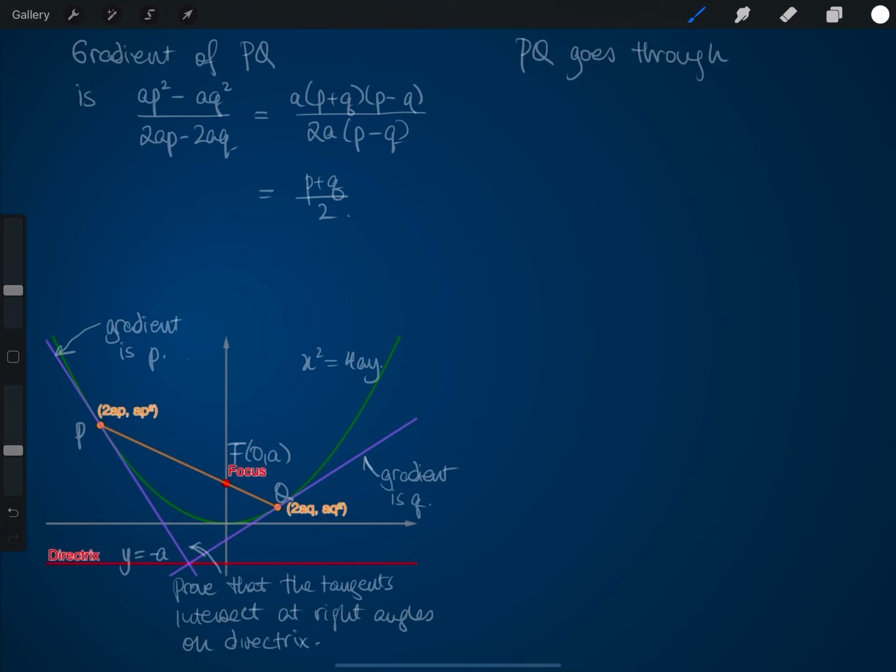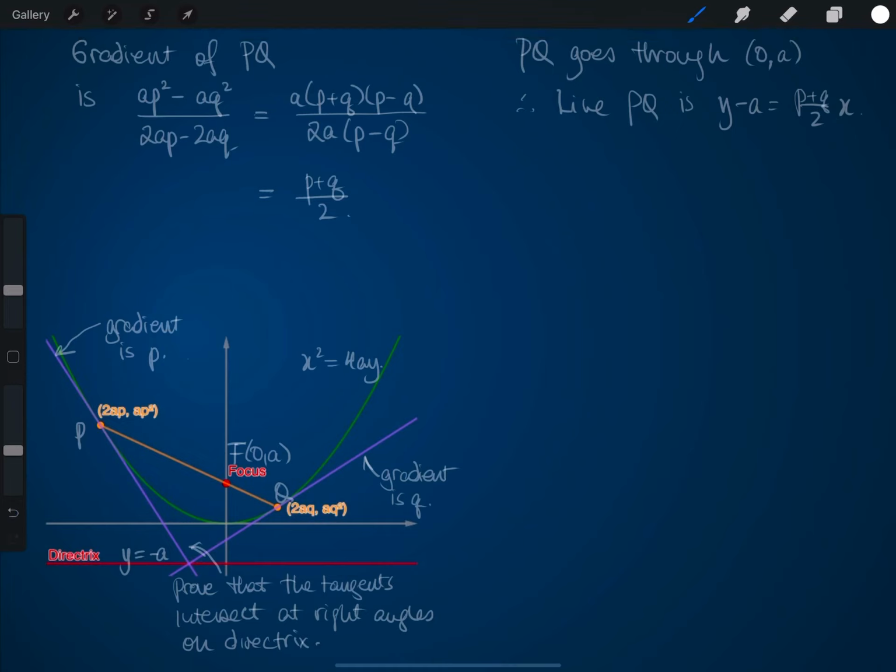So we'll use our standard form for a line, which I always think of as y minus y1 equals m times x minus x1. And we have y1 is a, and the gradient is (p plus q) over 2. Now, x1 is actually 0 here, but we don't need to fill it in because we're subtracting 0, right?